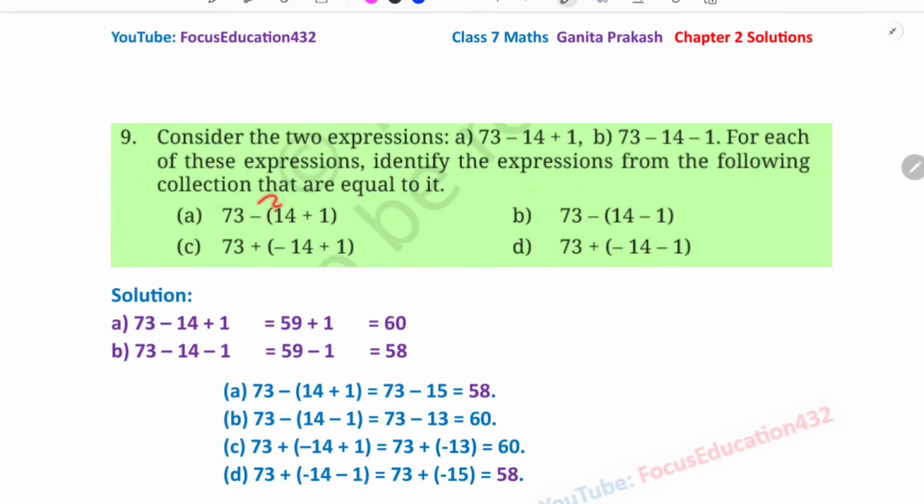If you have a minus outside the bracket, that means inside the bracket both plus numbers become minus numbers. So 73 minus 14 minus 1, right? So it should be 73 minus 14 minus 1.